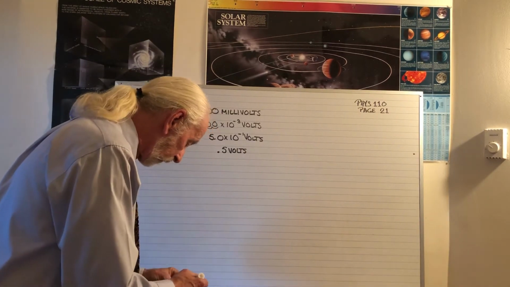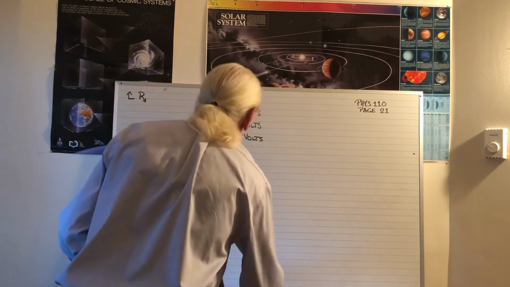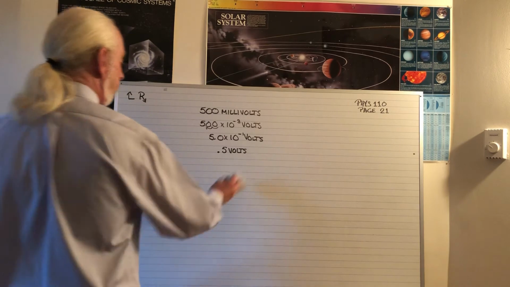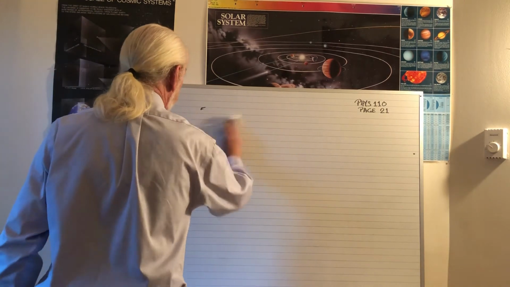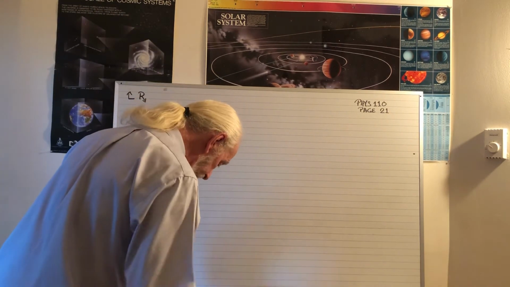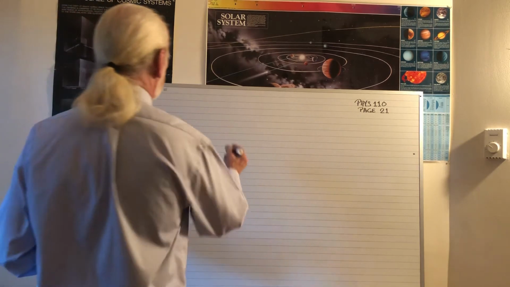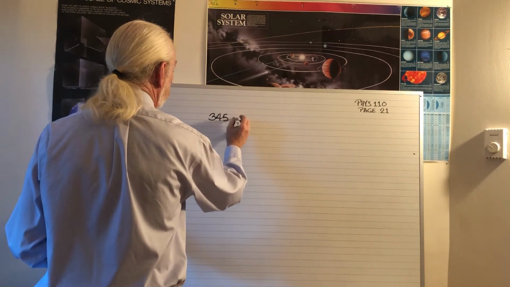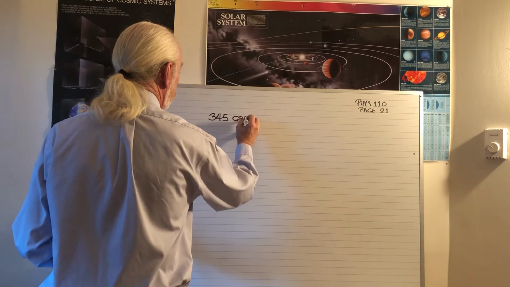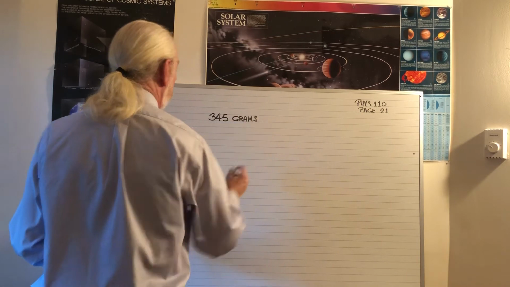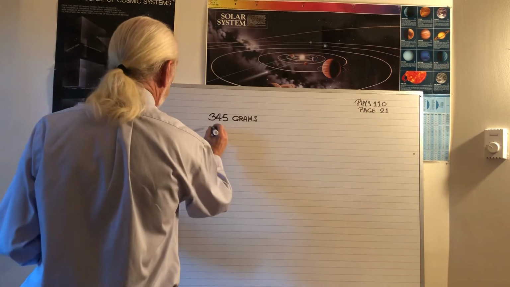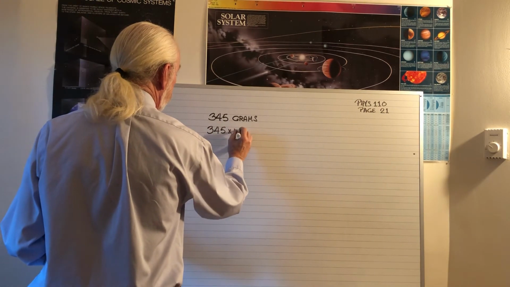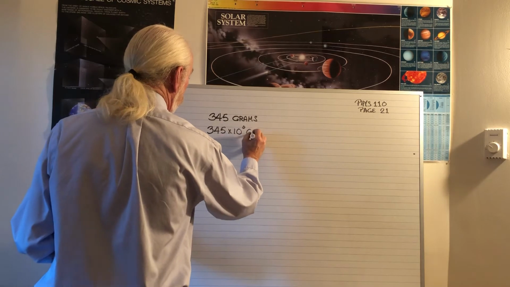The next one is 345 grams. Now I'm going to convert that into kilograms. So I have 345 grams, which means I have 345 times 10 to the 0 grams.